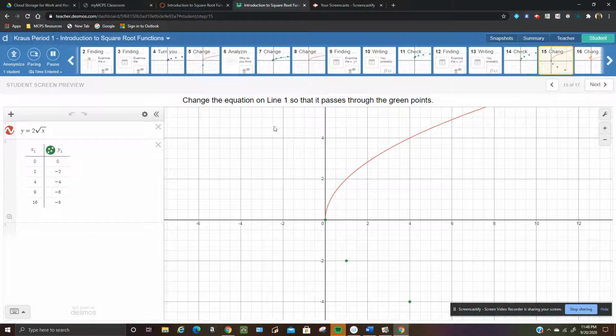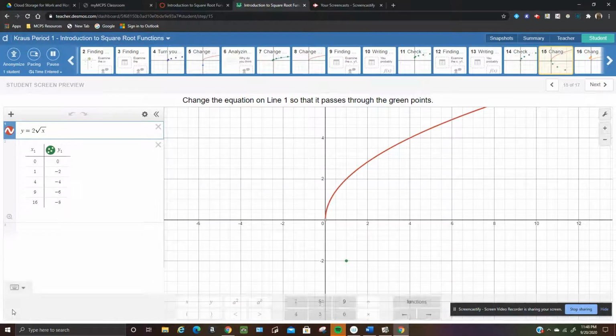All right, change the equation on the line so that it passes through the green points. So here's the red graph. If I want to go down here, it's a reflection over the x-axis. So in order to change this graph here, just put a negative in front of the 2 here.